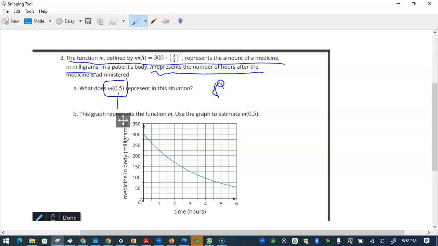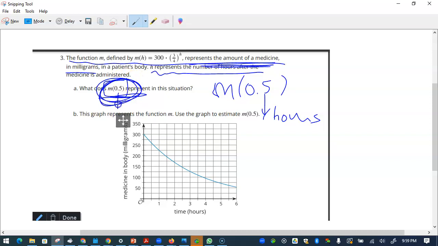When you write m of 0.5, 0.5 is the input, which is the hours passed since the medicine was administered. So the first question is how many milligrams of medicine remain in the patient's body half an hour after. 0.5 means half an hour.